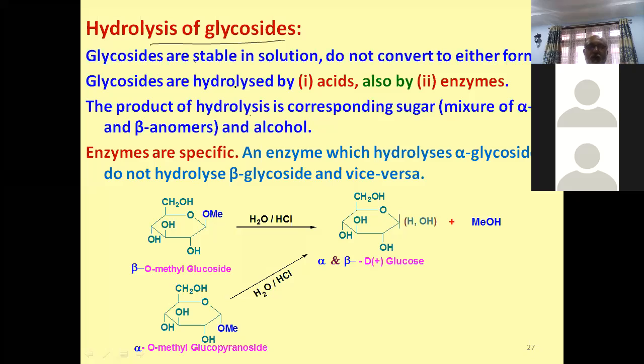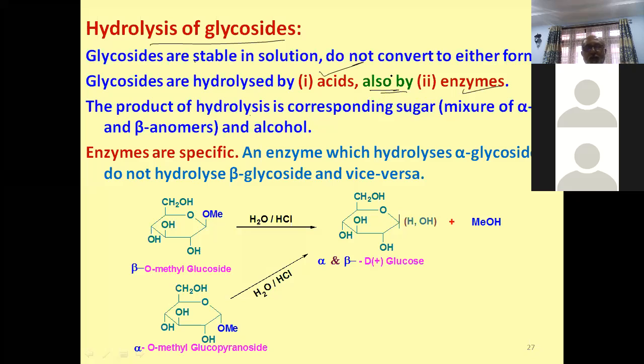That means alpha will remain alpha, beta will remain beta. And glycosides are hydrolyzed by acids, remember, and also by enzymes. But what about enzymes? Okay, we'll come to that one.